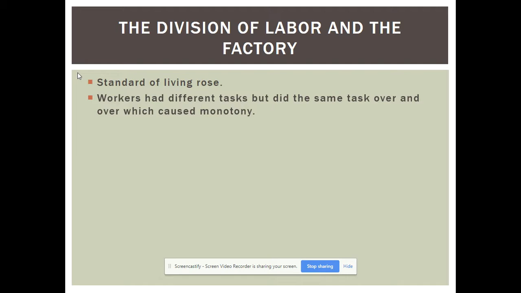And so that's going to help contribute to the temperance movement, because people were showing up drunk on the job and causing further workplace accidents when their jobs were already dangerous. And so when you're doing the same job over and over and over, it really erodes a worker's control of their labor. And so that's where you're going to start seeing labor unions emerge, where workers are going to start bargaining collectively, so bargaining together to try to accomplish their goals. Okay.